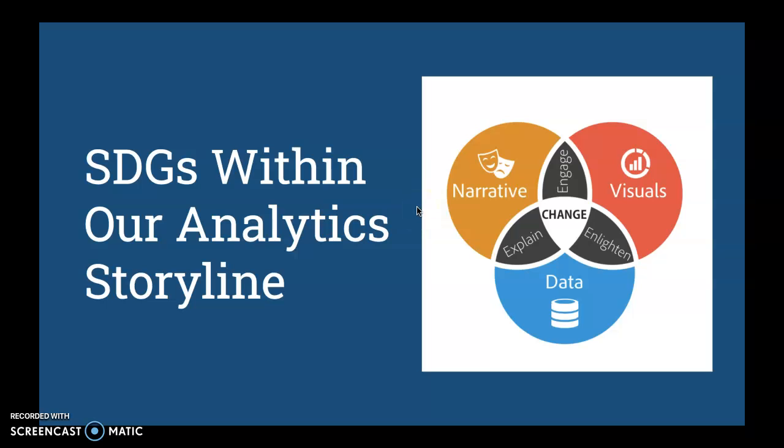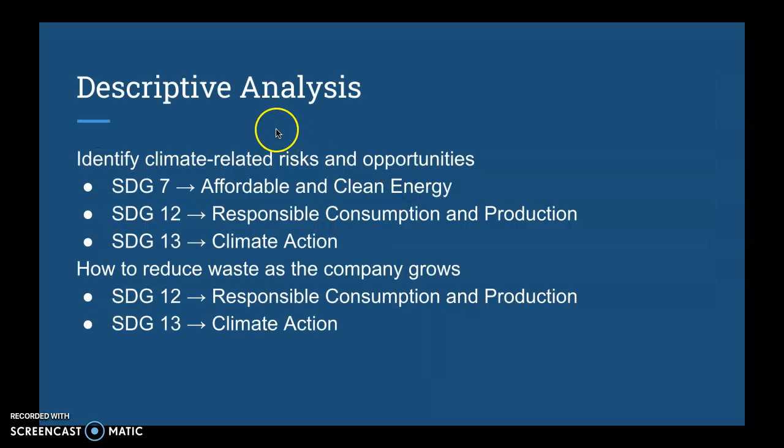So now we're going to look at the SDGs within our analytics storyline. The two descriptive analyses we have are identify climate-related risks and opportunities, and how to reduce waste as the company grows. Going through these, we found the SDGs that related most to each.